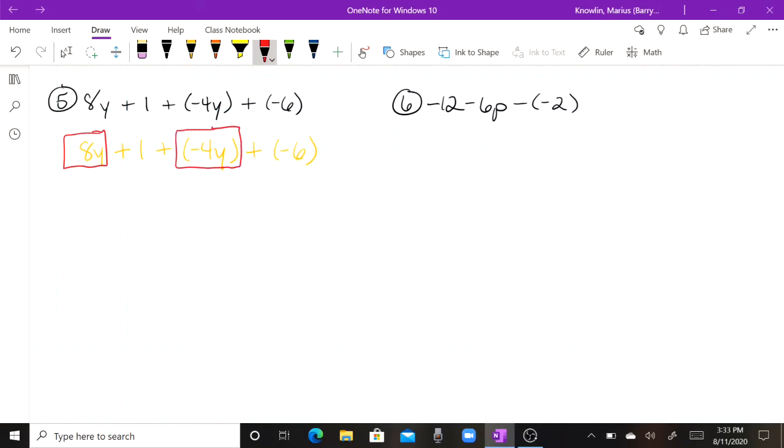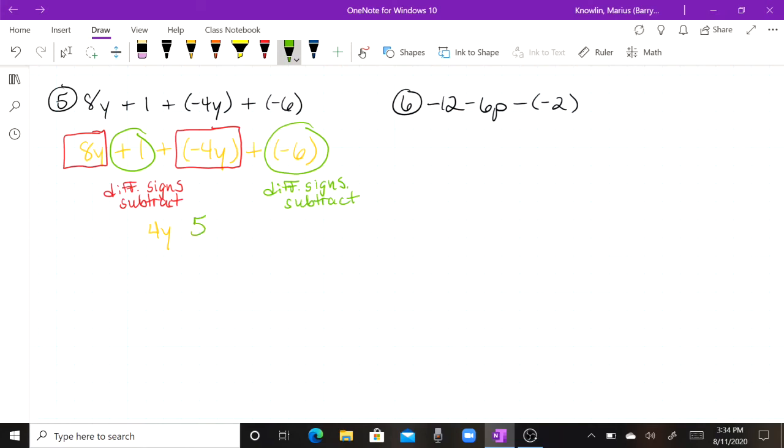Okay, those would be different signs, so we subtract, and 8y minus 4y gives me positive 4y. My other like terms are positive 1 and negative 6. Those are different signs. Once again, we subtract, and 6 minus 1 is 5.